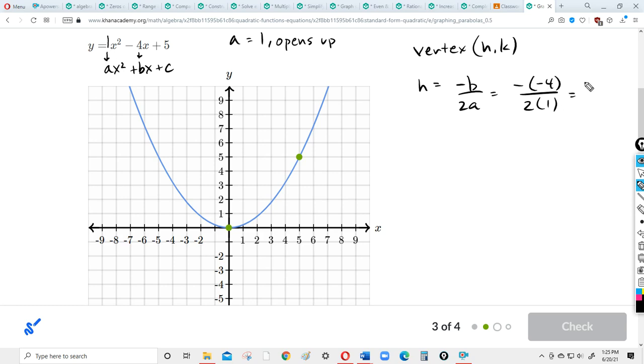So 2 negatives in a row make it positive. 2 times 1 is 2, and that's just 2. All right, it just happened to be the same as before. Now, to find k, you have to plug in x equals 2.